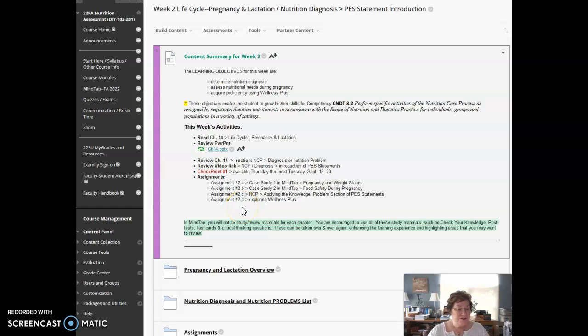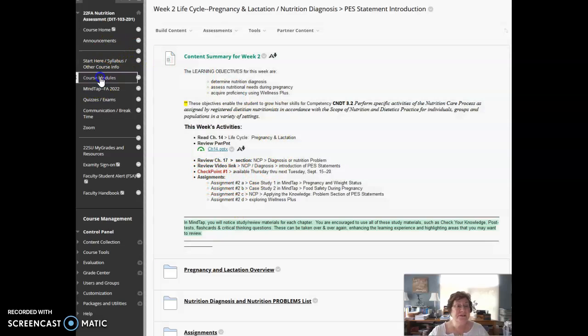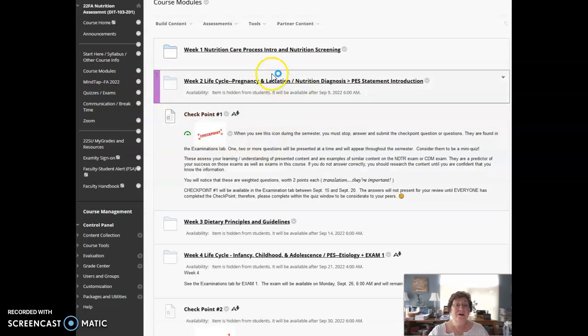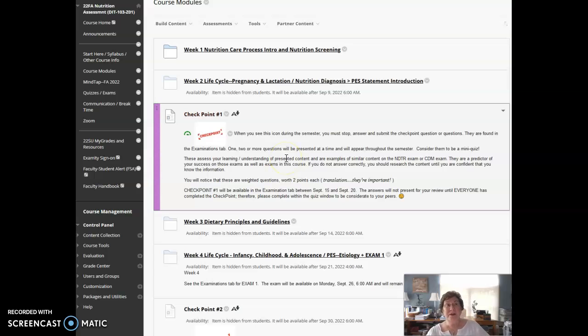And do pay attention to the checkpoint 1 reminder that's listed here. It's also listed on our course modules page to draw your attention to that. By the way, that checkpoint number 1 becomes available Thursday. Remember, if you miss the window, you are at risk for forfeiting those points.